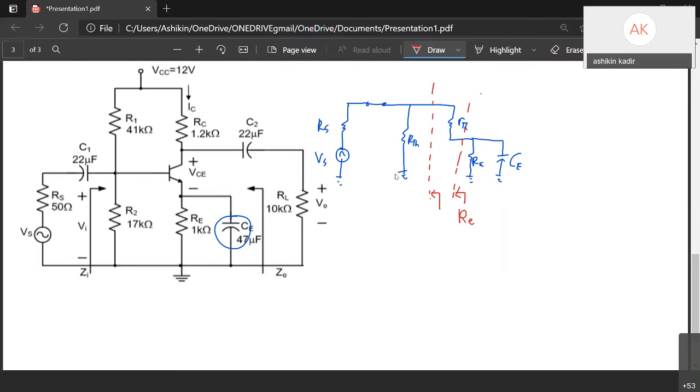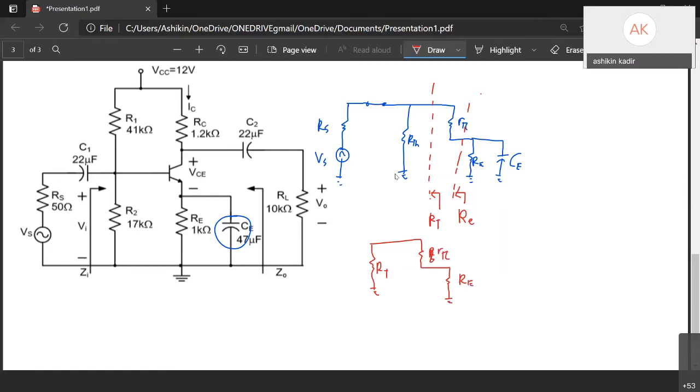This is short. So here is RT. We simplify the circuit, it will be RT by RE.